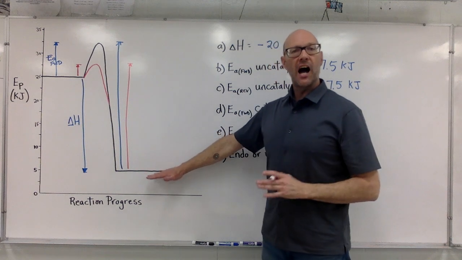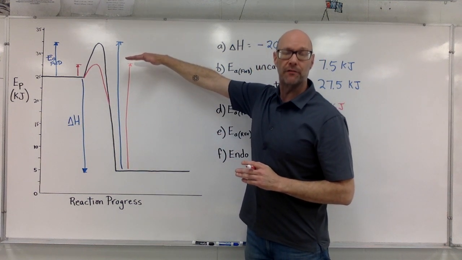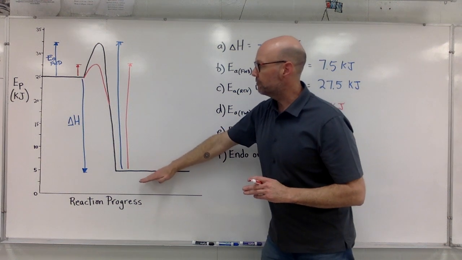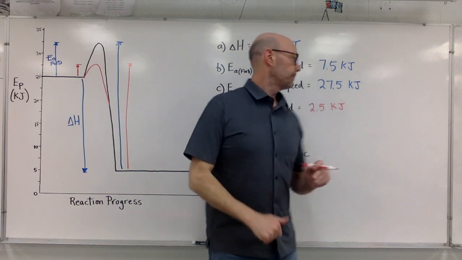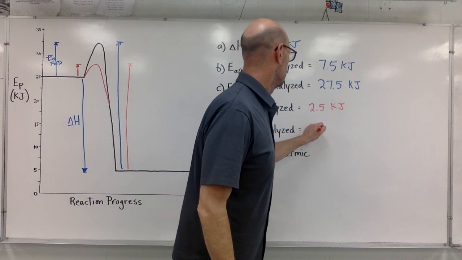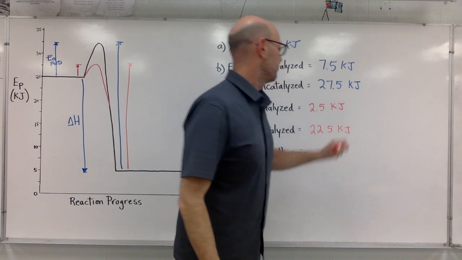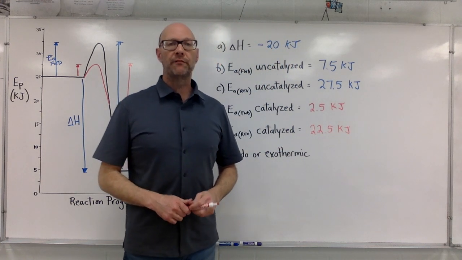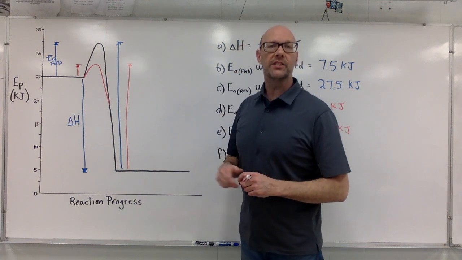It's from 5 kilojoules up to 27.5. From 5 up to 27.5 is 22.5 kilojoules.